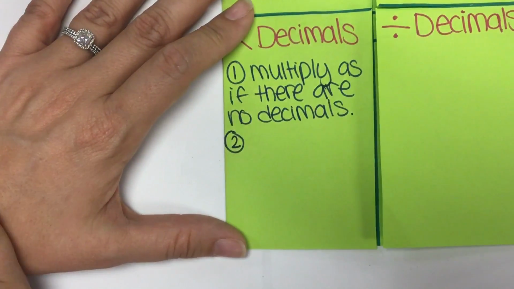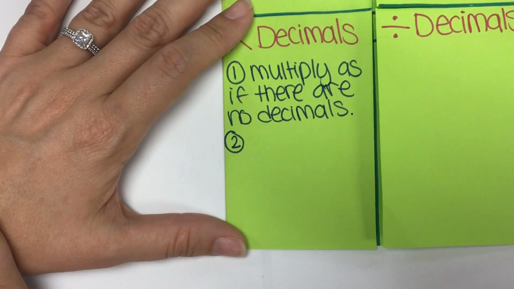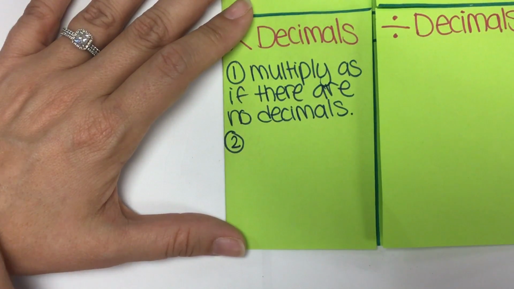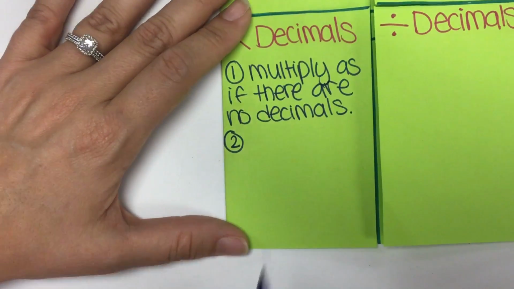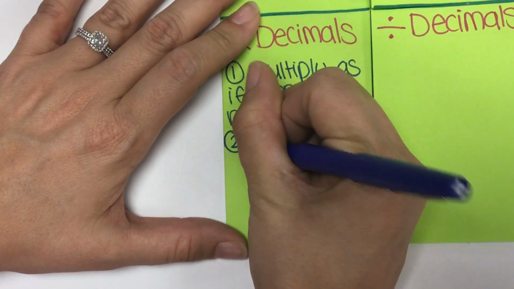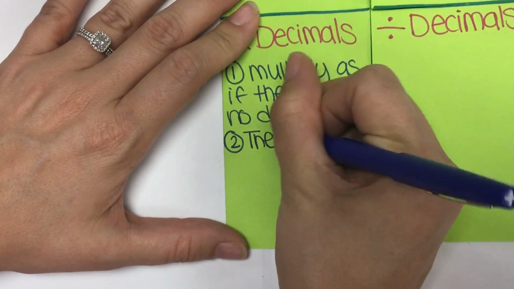Number 2, the decimal point in the answer will have as many decimal places as the 2 original numbers combined. So that's a little wordy, but we will talk about it.